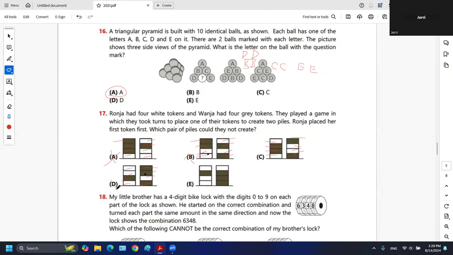Vanja. So not the answer. E. Ranja. And now it's supposed to be Ranja next, but there's no place for Ranja to go but this piece over here. But they have to go in that piece first. So E is the answer.